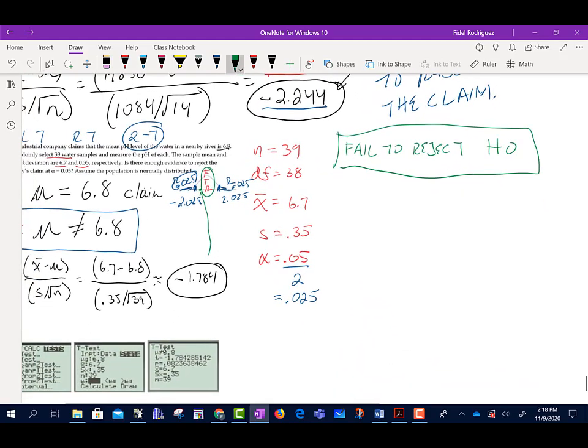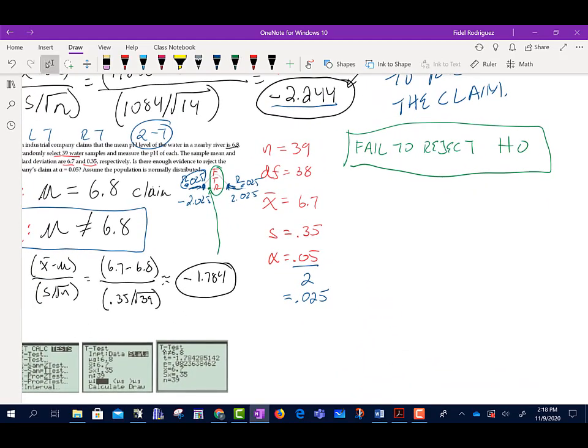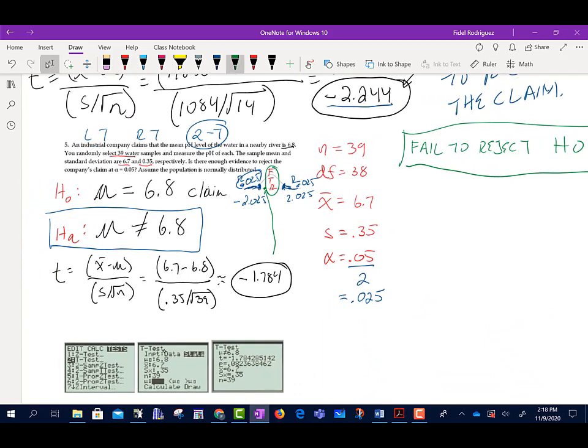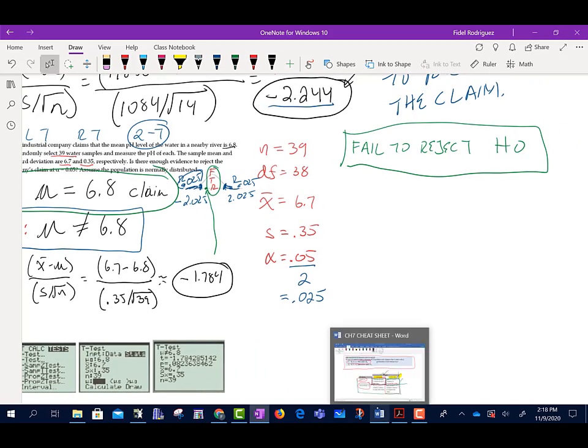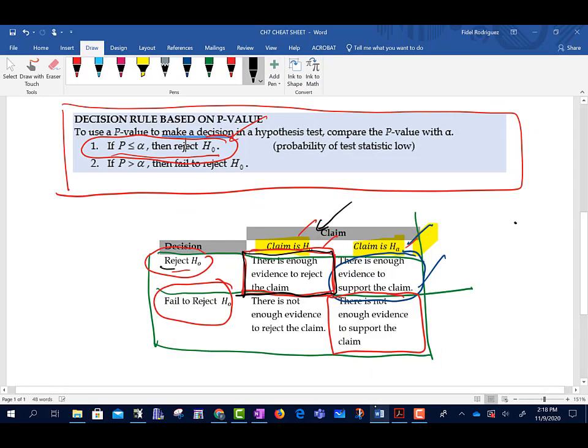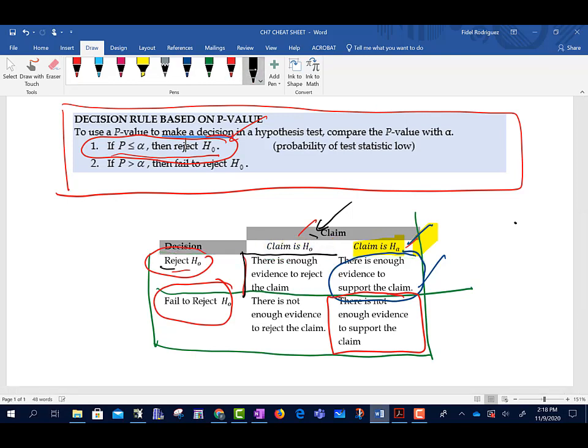Now, the next thing I'm going to come back over here and ask which was my claim? Well, my claim actually happened to be the null hypothesis, and we failed to reject it. So let me pull this up again and let's see our claim. Our claim was the null, and we failed to reject it.